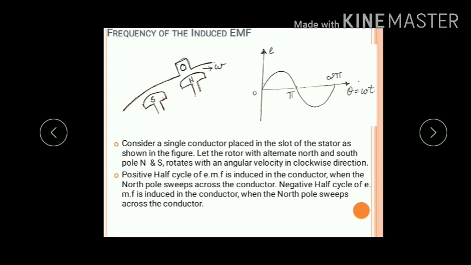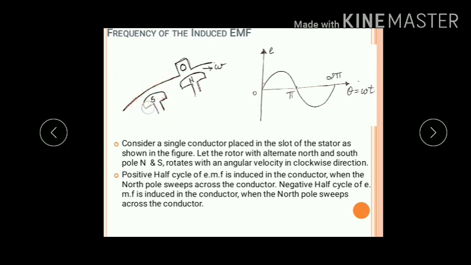Now, whenever the north pole passes across the conductor which is placed in the slot, a positive half cycle of EMF is induced in the conductor. And when the south pole sweeps across the conductor, a negative half cycle of the EMF is induced in the conductor. So positive half cycle of the EMF is obtained by north pole, and negative half cycle by south pole.